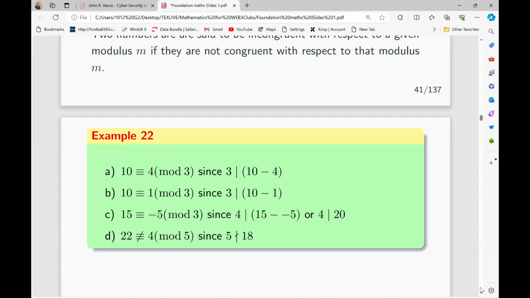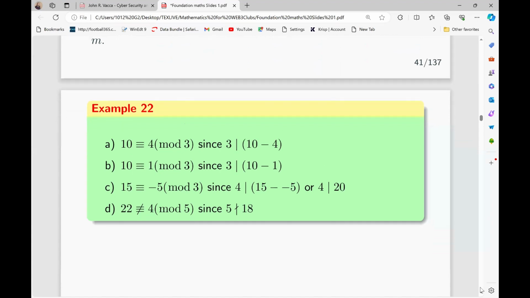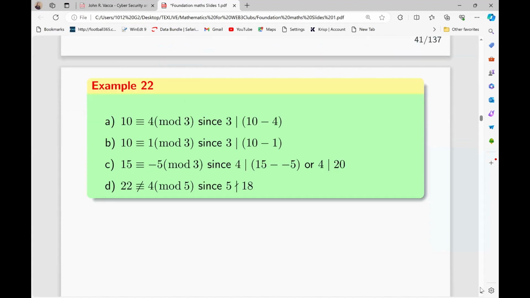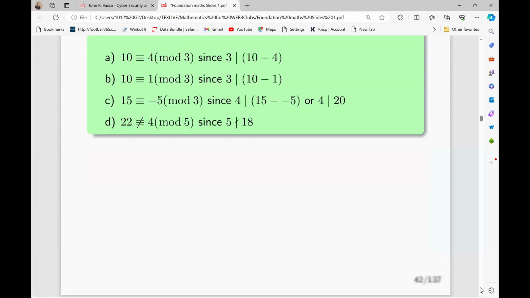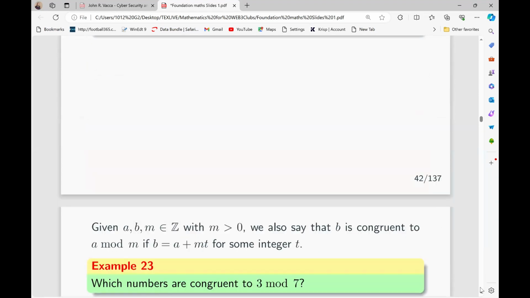When we are doing modular arithmetic, we can use any of the definitions, and whichever definition we use, the result will be the same. So this is the first definition, and we'll be using it as we progress.